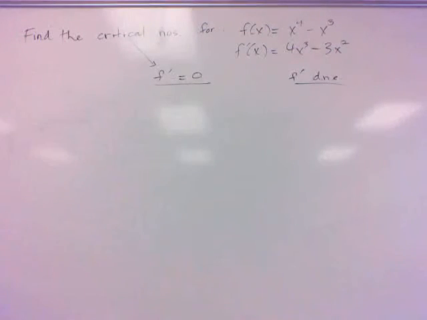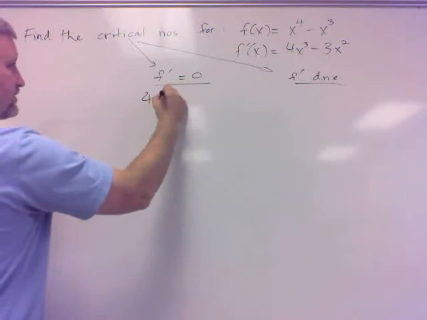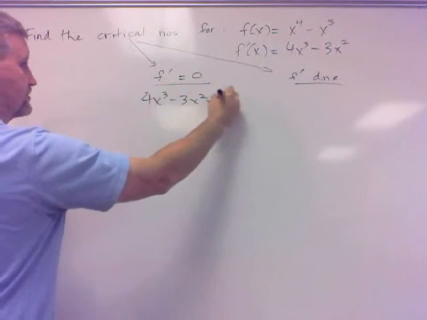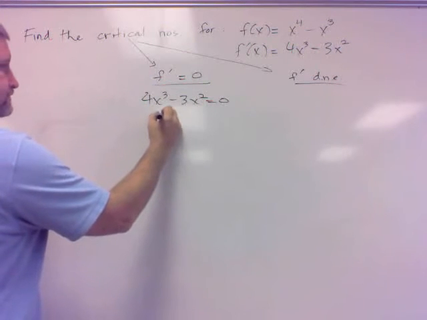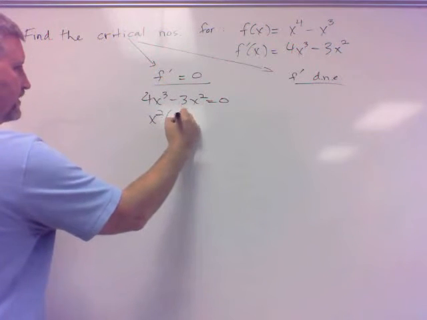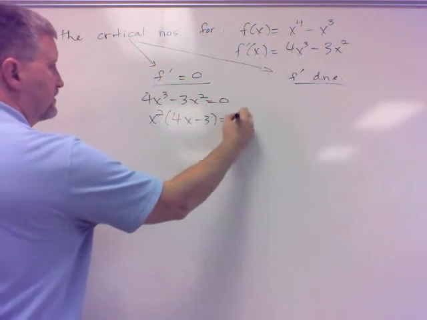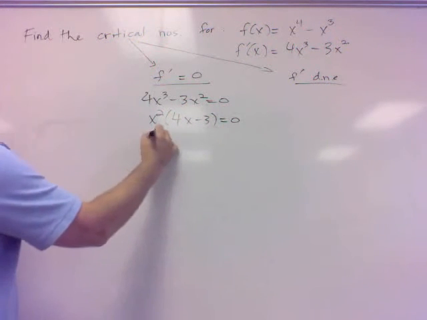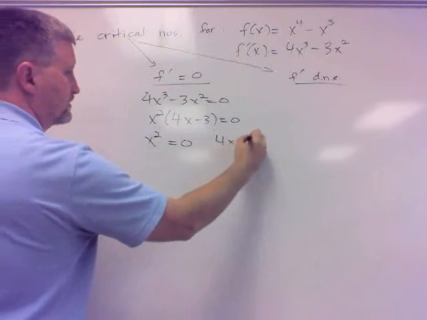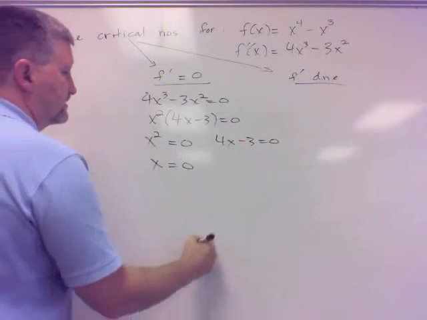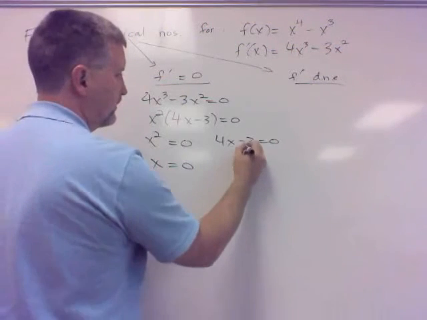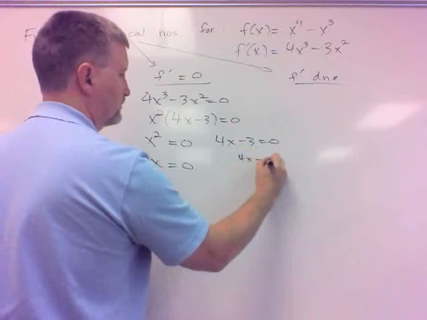Two things possible. All right, so the derivative equals 0. We've got 4x cubed minus 3x squared equals 0. And so that's going to give me x squared, factor it off, so it'll be 4x minus 3. We said x squared equals 0, 4x minus 3 equals 0. Solve that, of course, you get x is 0. Here, add 3, divide by 4.